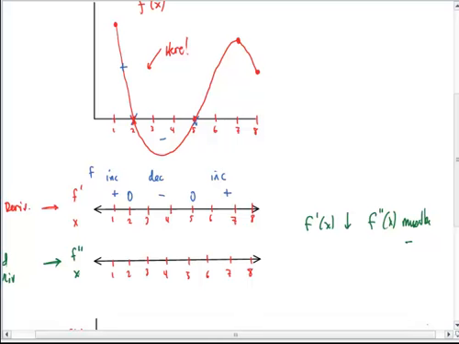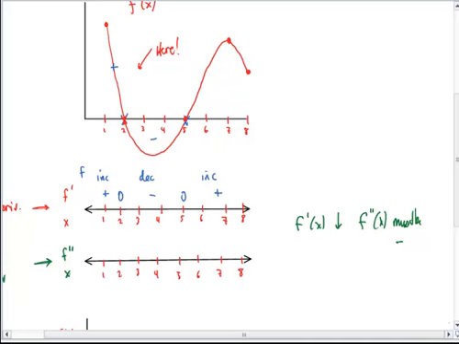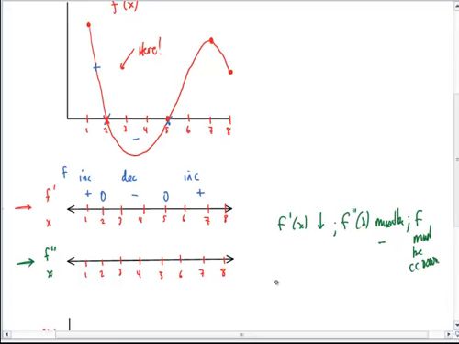And that tells us that f must be, you guessed it, concave down. If f prime of x is going up, the second derivative has got to be positive.